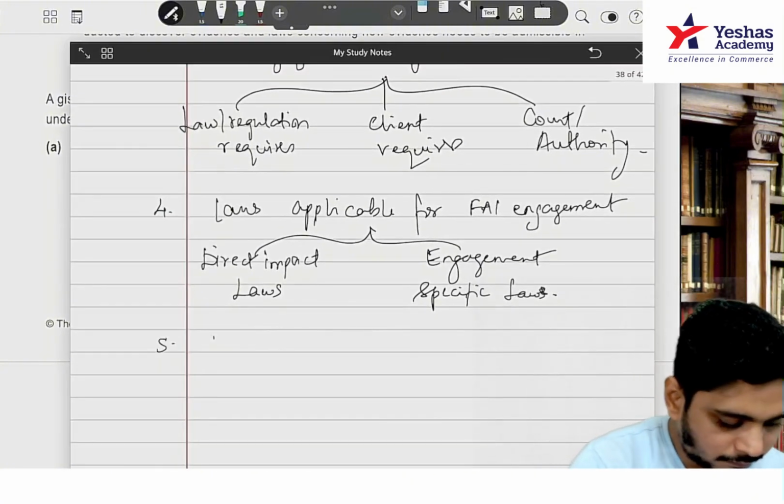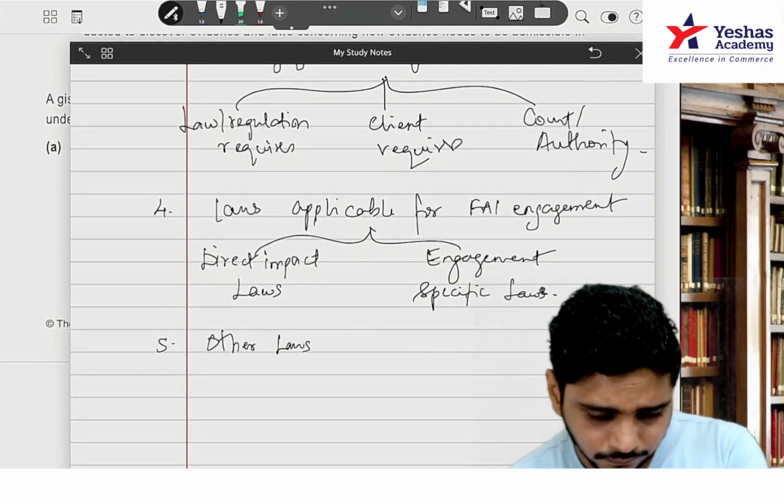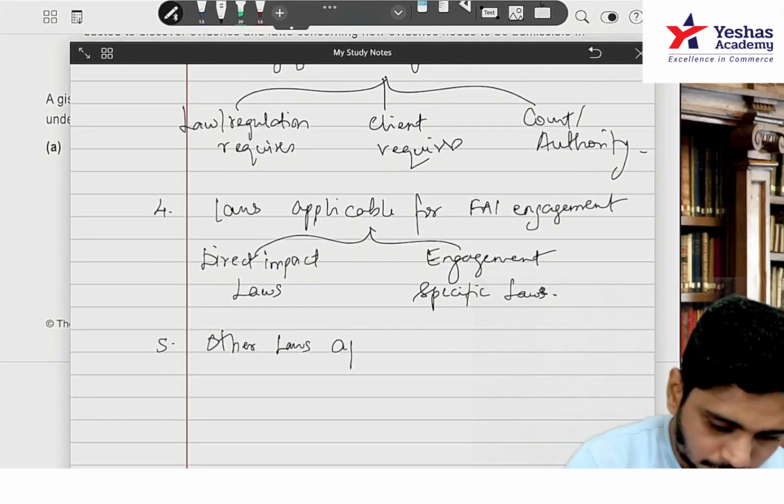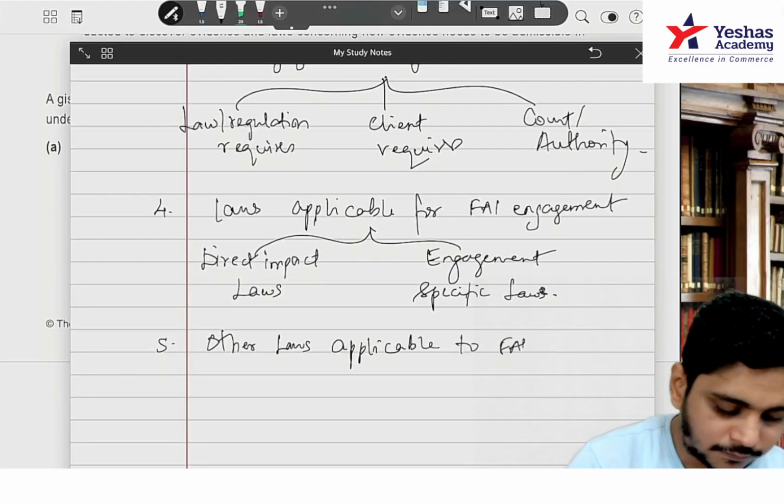Then fifth, other laws applicable to FI engagement.